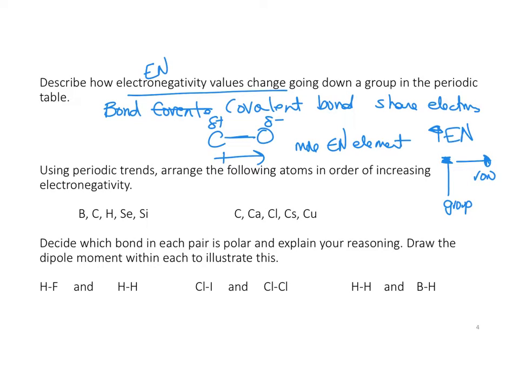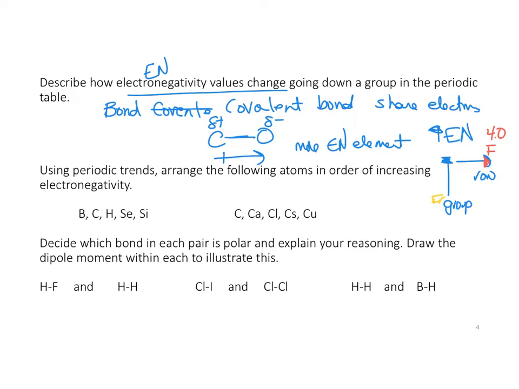The highest, you can look at your tables in your book, is fluorine, up here in the upper right hand corner, with an electronegativity value of 4.0. The lowest is francium, and what is this number? You don't have to memorize these numbers. You do need to know the trend.